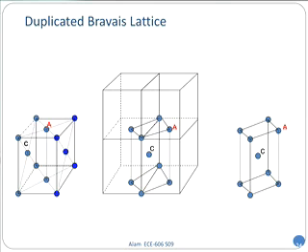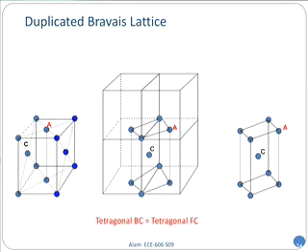The first person is not Bravais. The first person is Frankenheim. In 1842, he counted 15, just one more. And a few years later, Bravais, who is, of course, a very famous scientist who did lots of other things, pointed out that 2 of the lattices that Frankenheim listed are exactly the same.